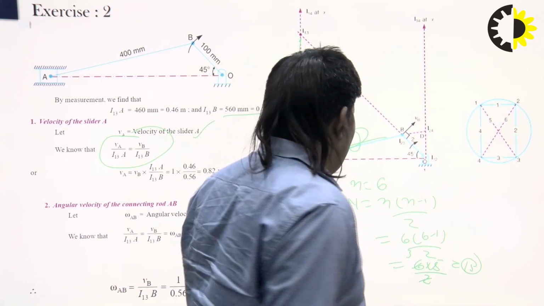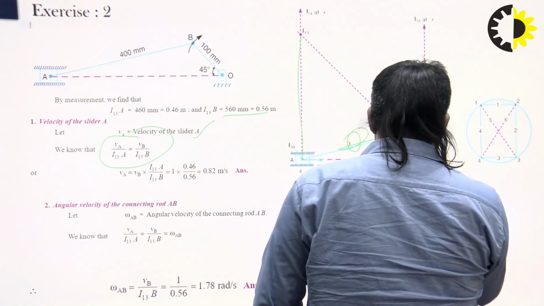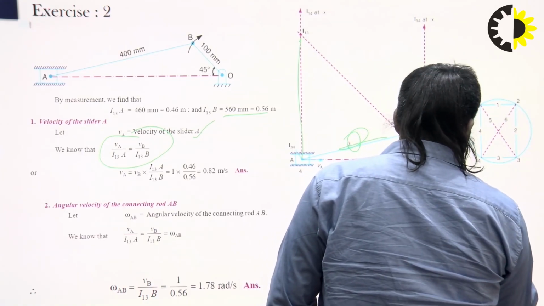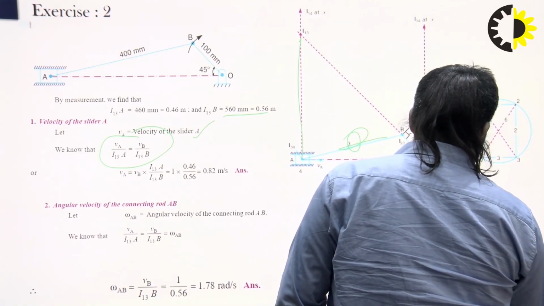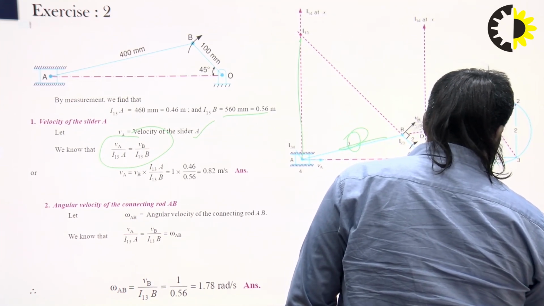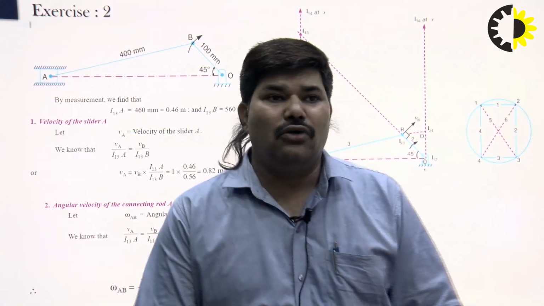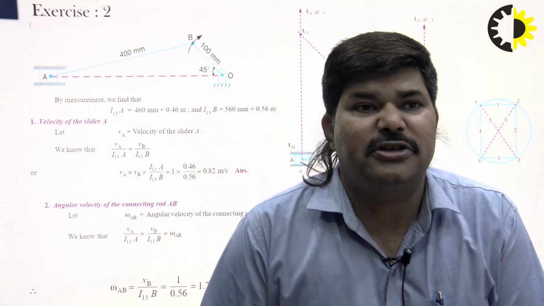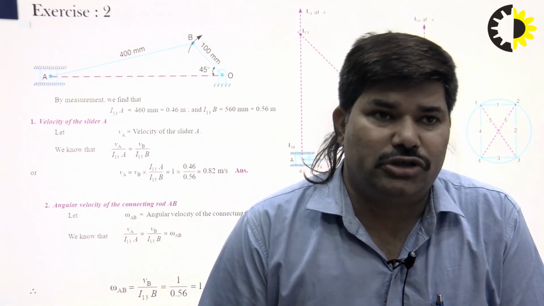In case n is 5, 5 into 5 minus 1 divided by 2, so 5 into 4 divided by 2. That is how to calculate in the instantaneous center method, and you can find out the velocity, right.